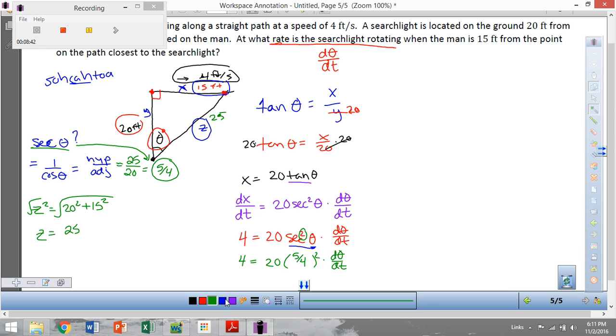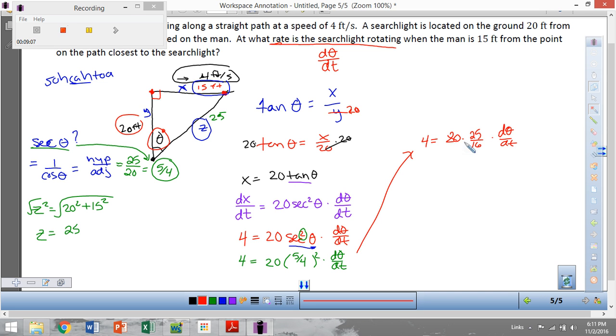Okay, now I've got everything except for d theta dt. Notice I never had to find what that angle was. As long as I know the trig relationship, I don't need the angle. So now 4 equals 20 times, if I square 5/4, I get 25/16 times d theta dt.